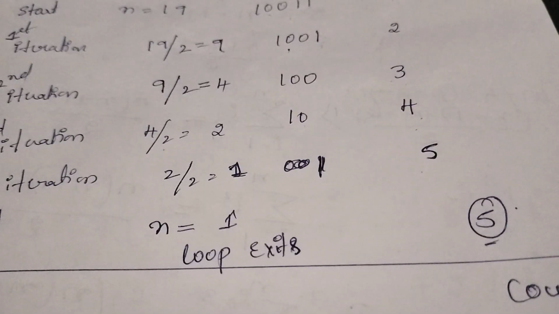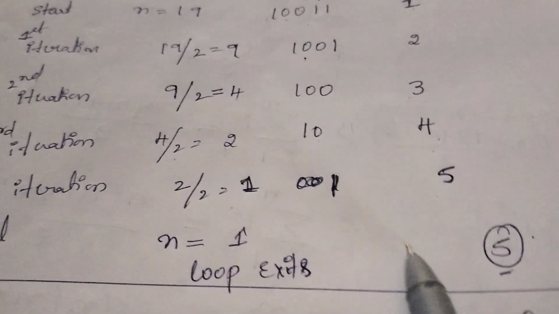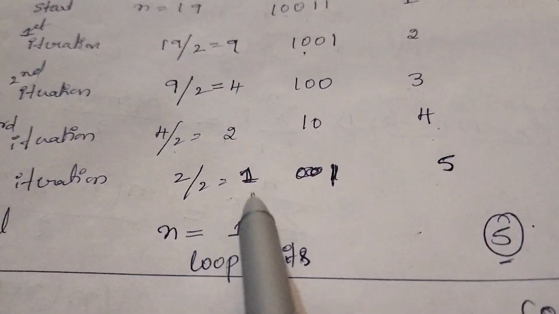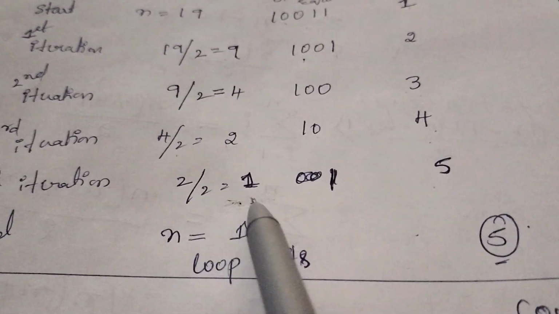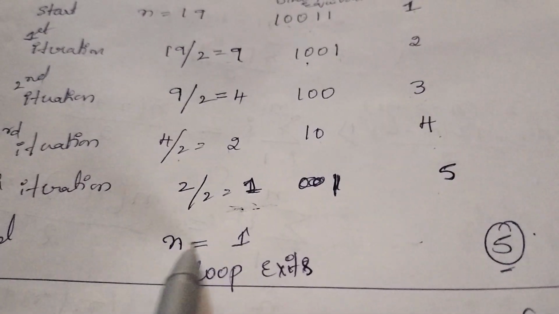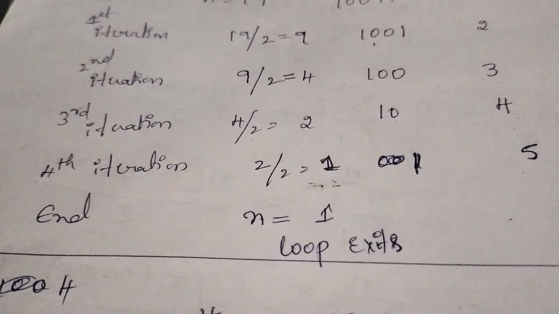Now we cannot move to the next step, because 1 divided by 2 will be 0, which means we are supposed to stop the algorithm at this point. When the n value is 1, you are supposed to terminate, and the loop should be exited.